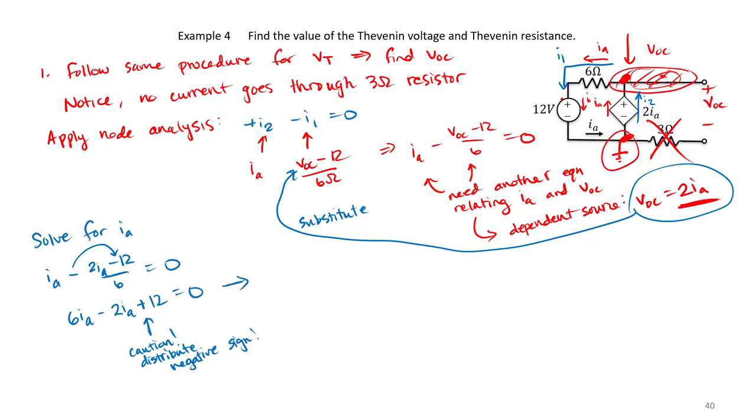So now we go ahead and solve for IA. So we determine 4IA is equal to negative 12. So IA must be negative 3 amps. Since VOC is 2IA, we can determine that VOC, our Thevenin voltage, must be equal to negative 6 volts.